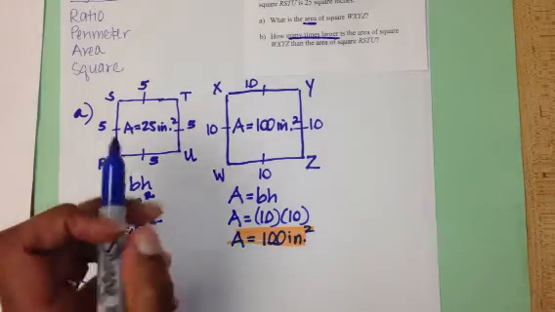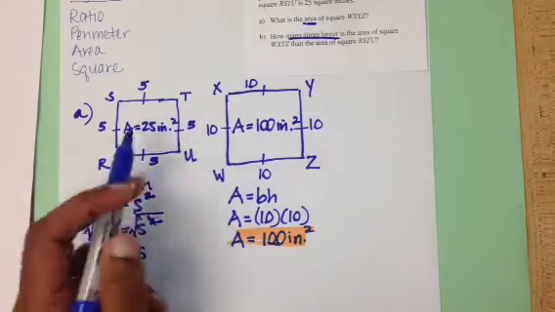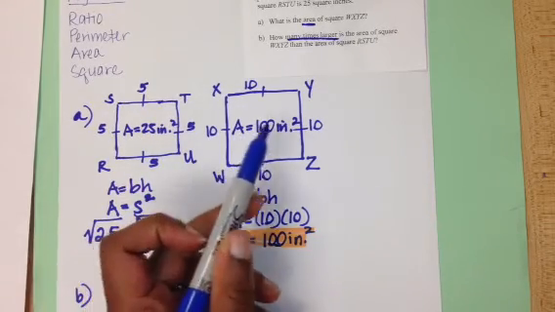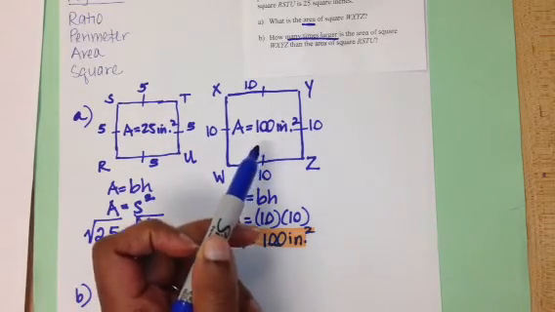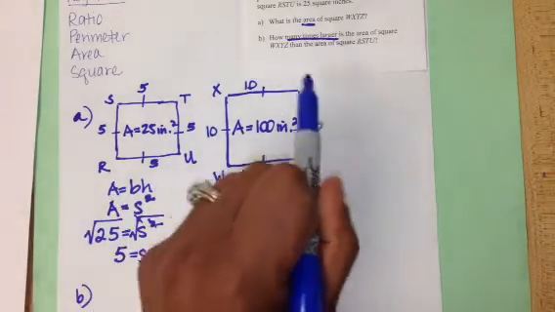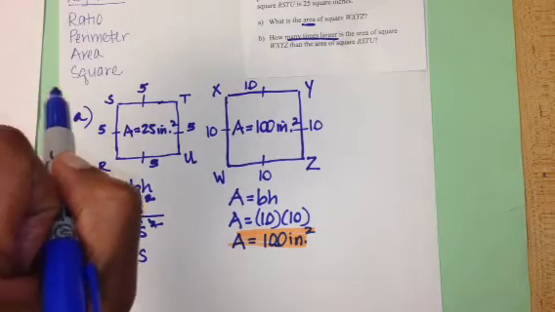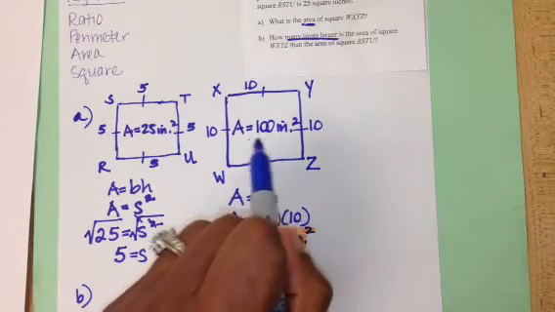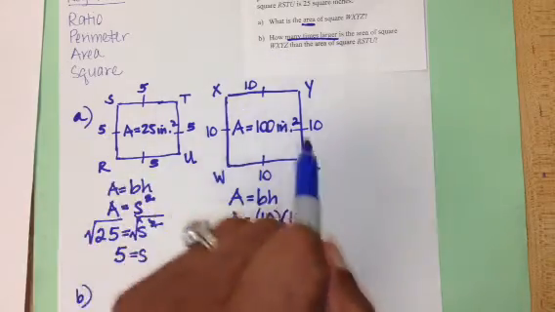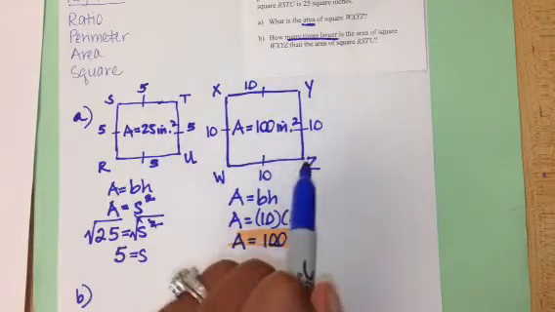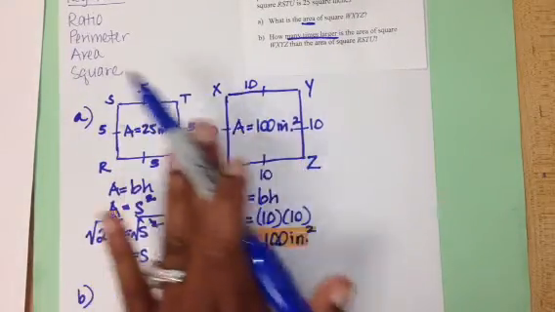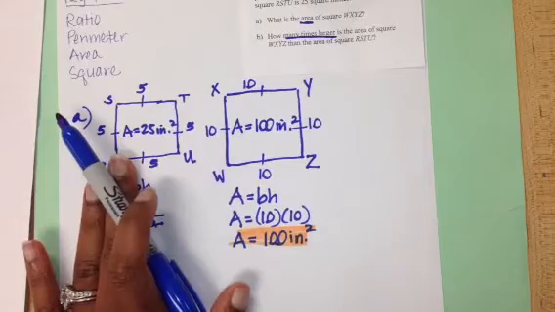If I'm looking at RSTU, I know the area of that is 25 inches squared. If I look at WXYZ, I know that area is 100 inches squared. Since I'm going from this one to this one, I'm going to use division.